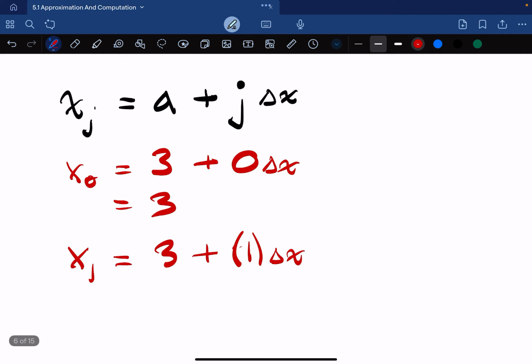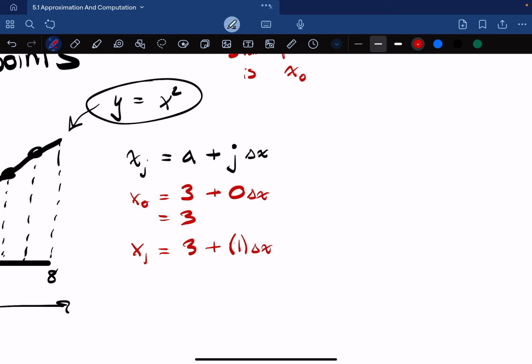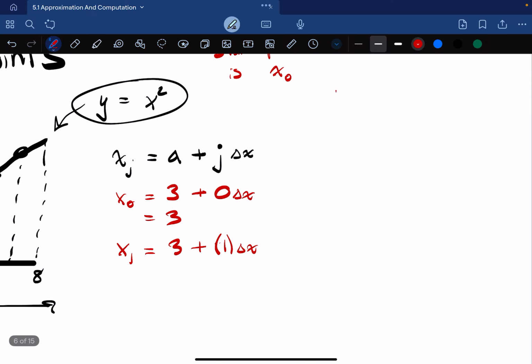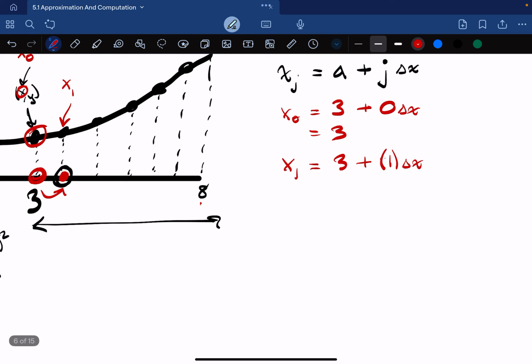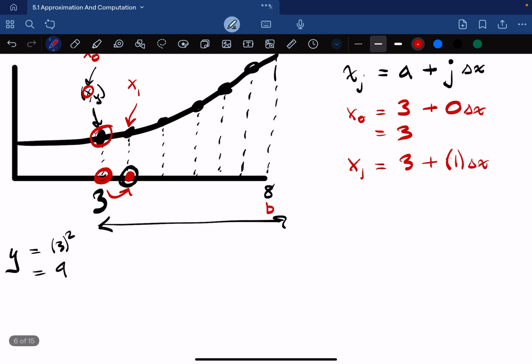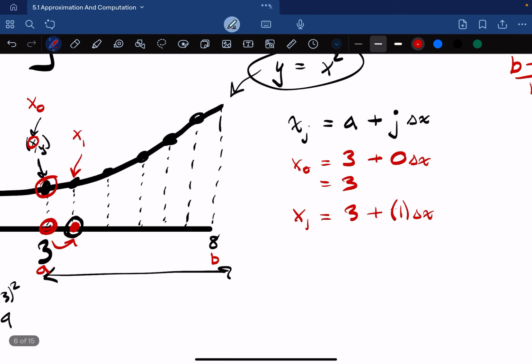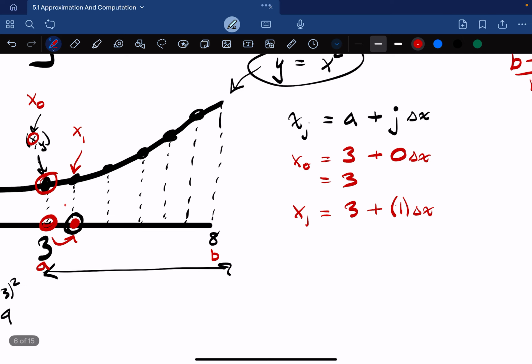And as you can see, delta x is what we need. The delta x for this is, if you remember the equation, b minus a over n. We know that the endpoint of the total interval is always b, the start point is always a, and n is the number of subintervals or rectangles.